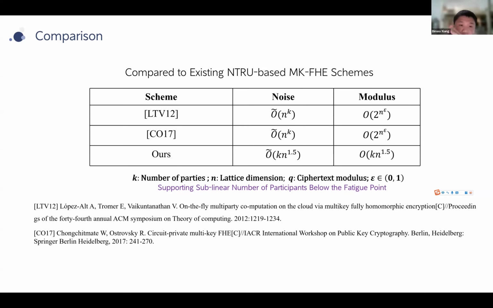Thus, our parameters can be controlled under the feasibility point, but our multi-key ciphertext length is growing linearly with the party number. Okay, I think that's the main difference.